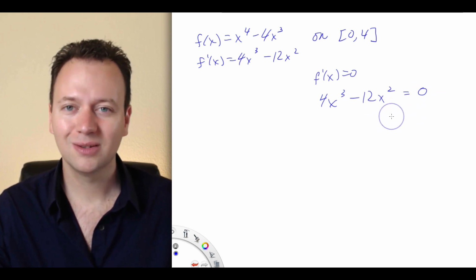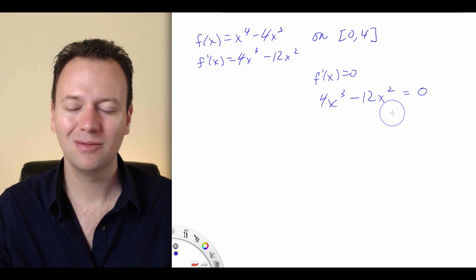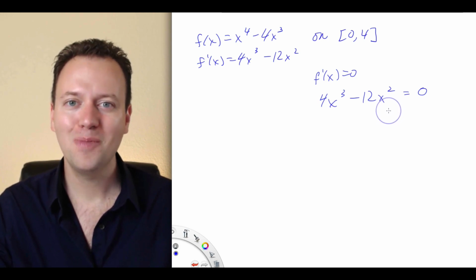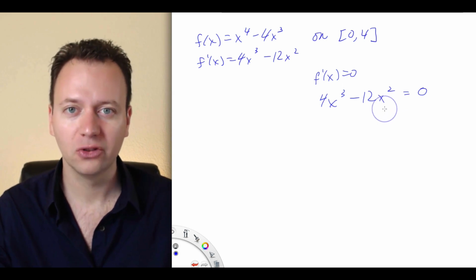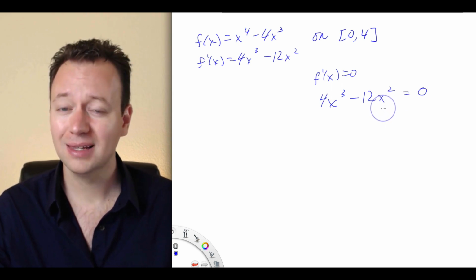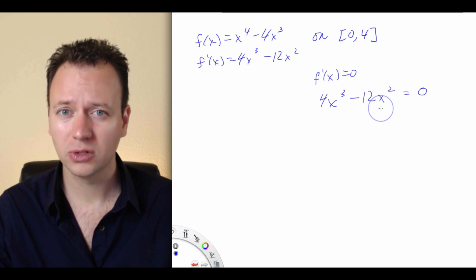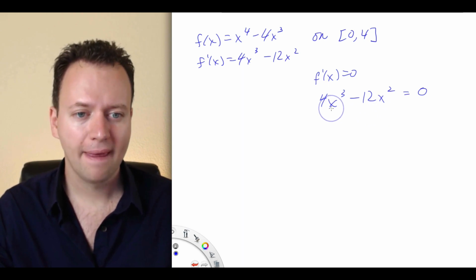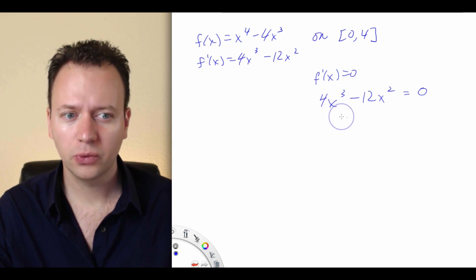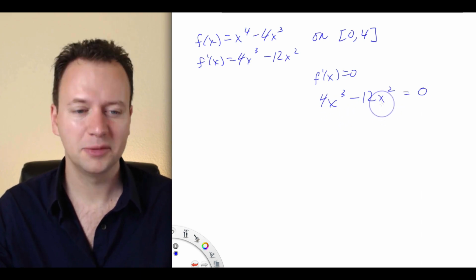Now oftentimes when you're looking for critical points, it's very beneficial to factor out any common factors that you have in the derivative. This also comes into play with exponentials and product rule things, which we'll see in a bit. But whenever you have the derivative, try to factor it as best as you can.